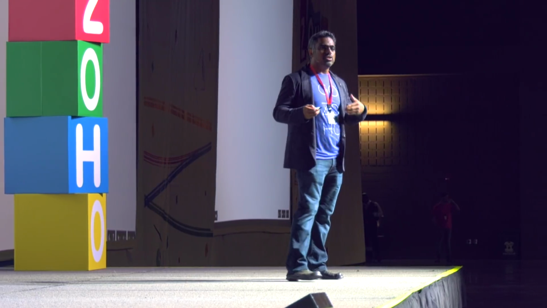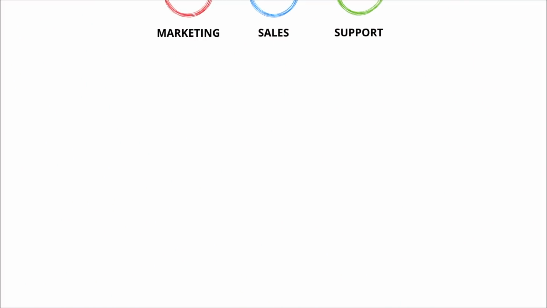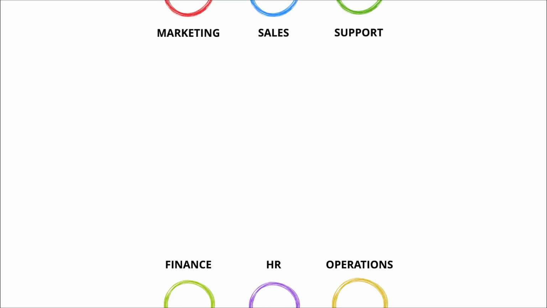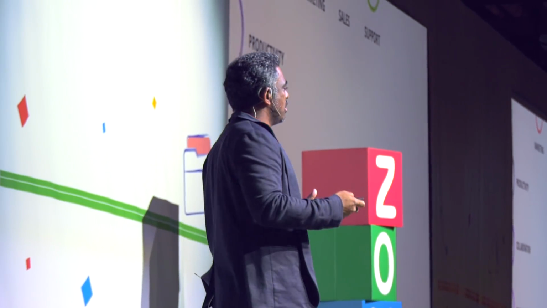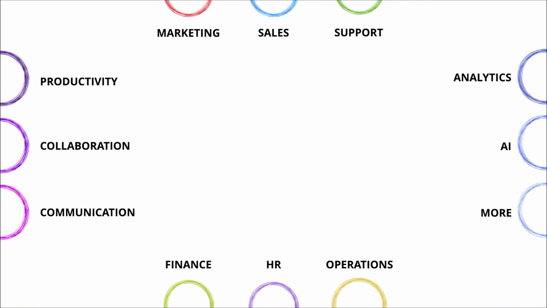And of course, on the back office side, you need to run efficient back office systems. So this includes your finance department, HR department, IT department, and several other operations. And not to mention the productivity, collaboration, and communication applications that you need for your business. Now, pulling all of these together, we also have analytics, AI, and a lot more that are part of it.